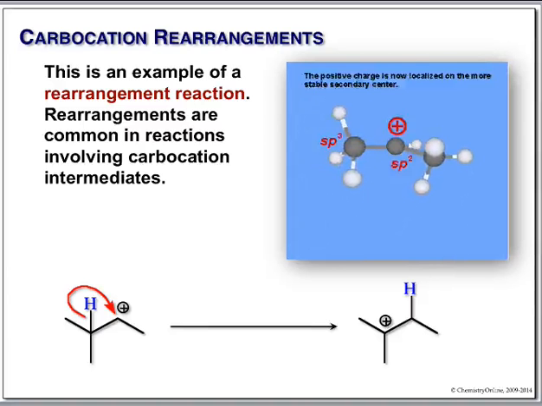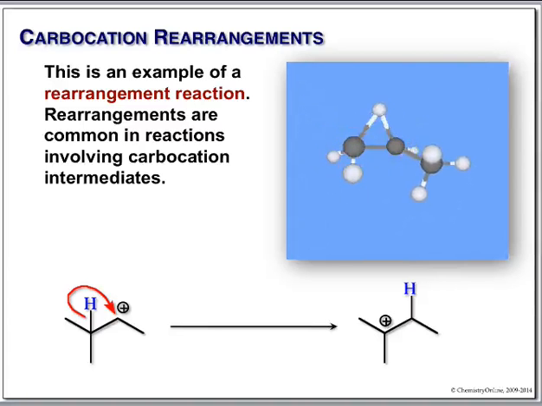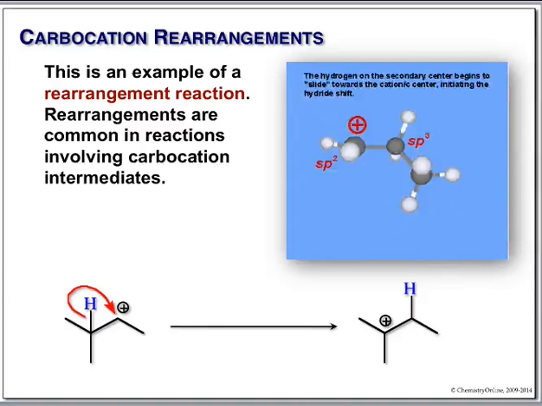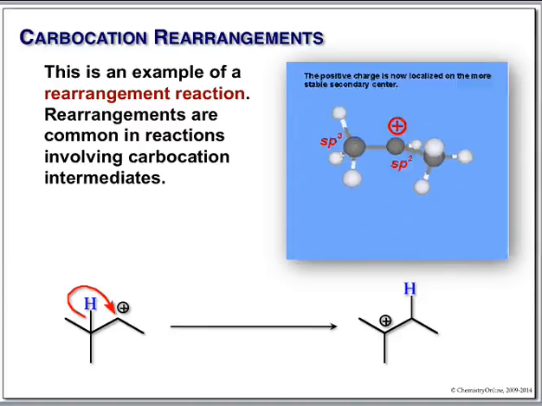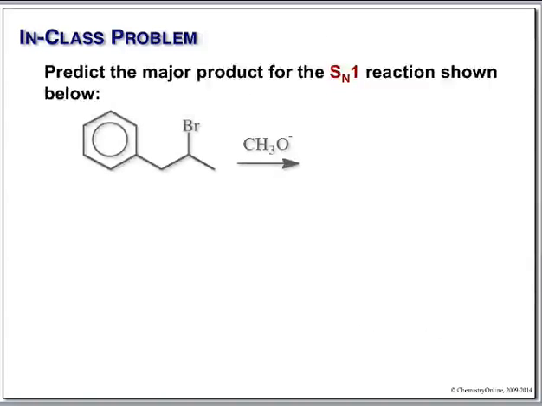But as you see, this hydrogen with its electrons just slides from our secondary center here over to the primary, and we wind up with our new carbocation. Not magic at all. Go ahead, draw the intermediate carbocation, draw the final product.